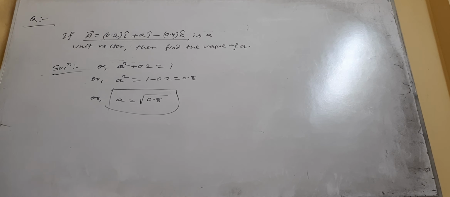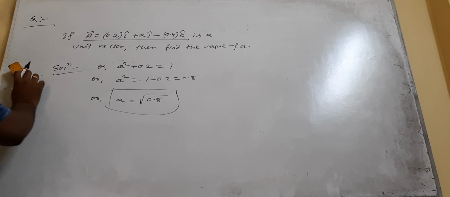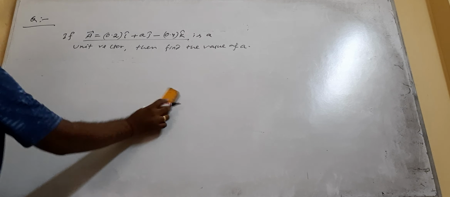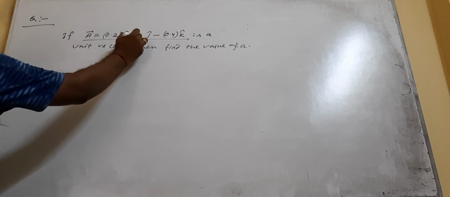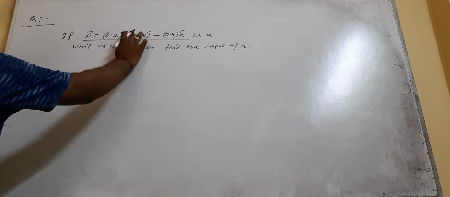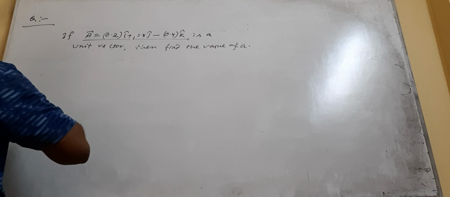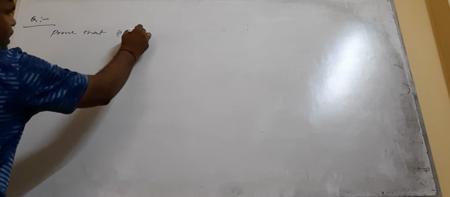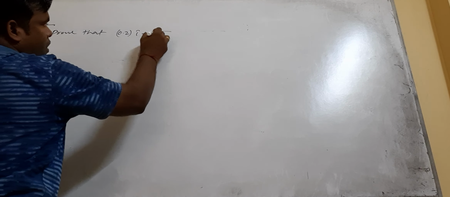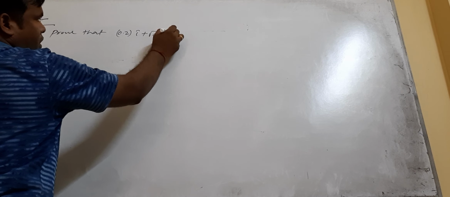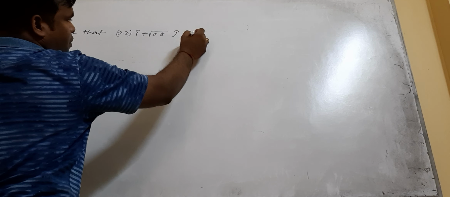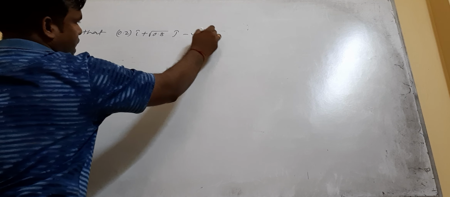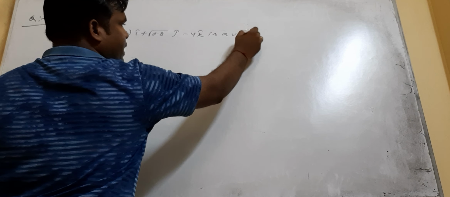Now, if I ask another question: prove that the vector 0.2 i cap plus root over 0.8 j cap minus 0.4 k cap is a unit vector.